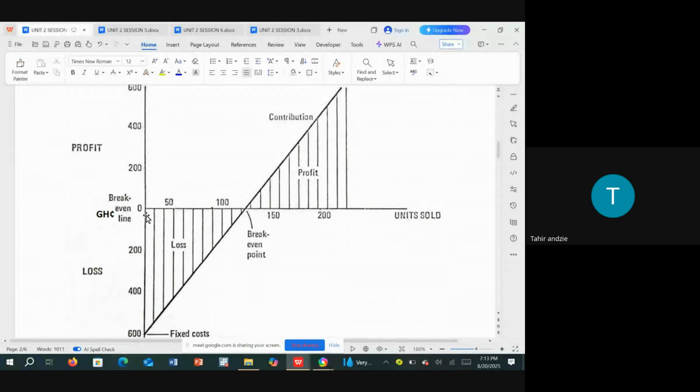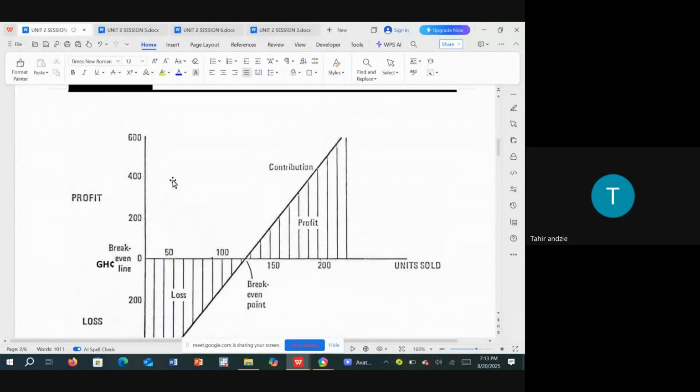So you can see that the total sales line is at the origin, as we know already from the traditional break-even chart. But we look at the maximum fixed cost, and that becomes the highest. So when activity is zero, fixed cost is the maximum loss, and as we start producing, the loss reduces, and at the point when we break even, the profit begins to emerge.